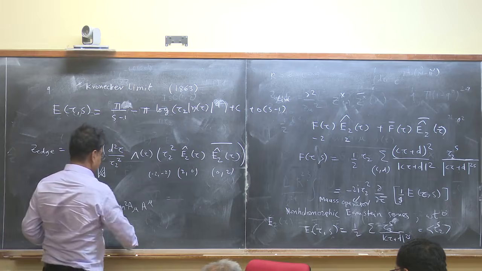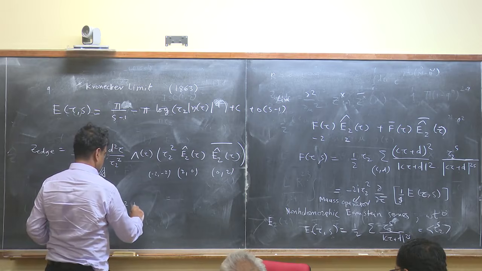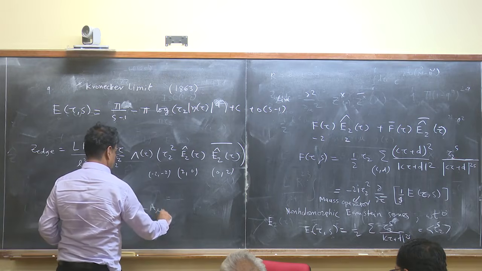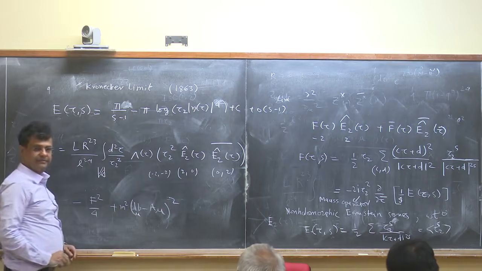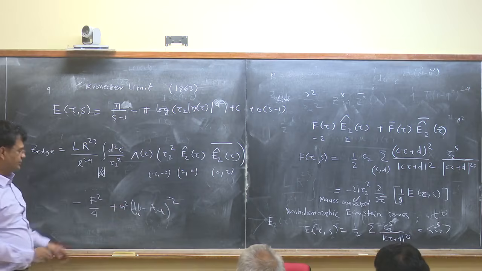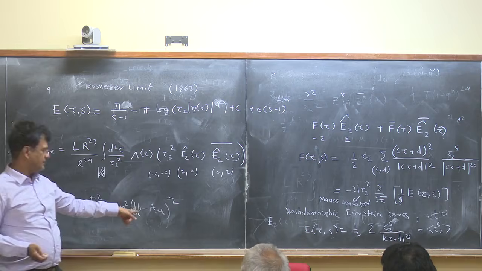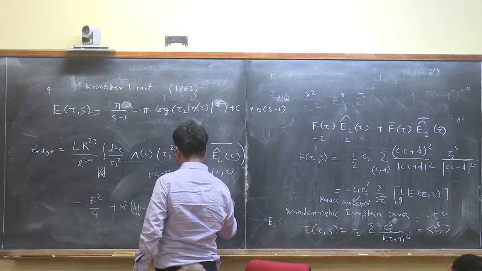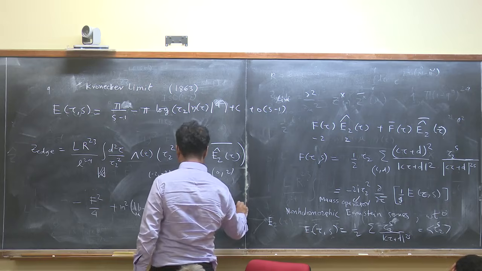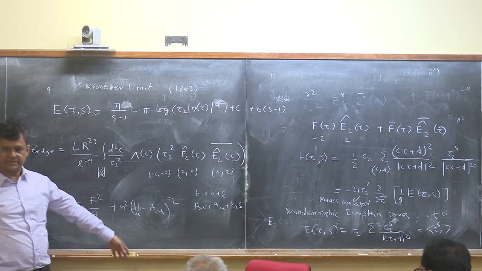But the Stueckelberg method is that you write this as (dB minus mu A) whole square, where del mu B is like an axion field. And now this is gauge invariant: if you take B going to B plus epsilon, and A_mu going to A_mu plus del mu epsilon, this combination is gauge invariant. So now you have a Lagrangian which is manifestly gauge invariant.